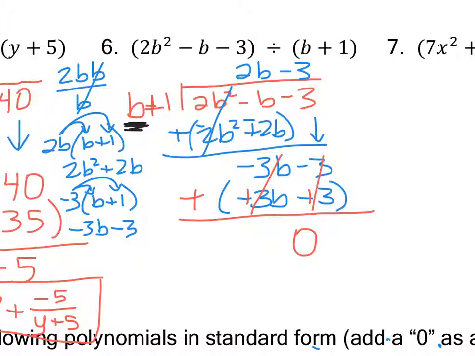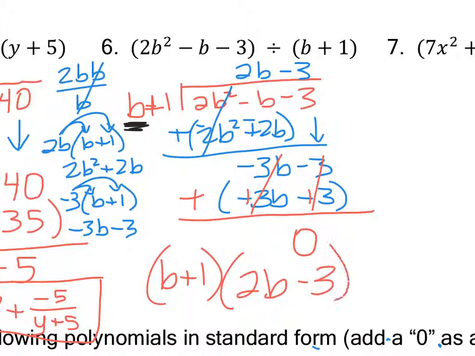So what that means is our factors, b plus 1 is a factor, and 2b minus 3 is a factor. So if you put those two in the box method and went all the way and multiplied them, you would come up with 2b squared minus b minus 3. That's what's meant by a factor.